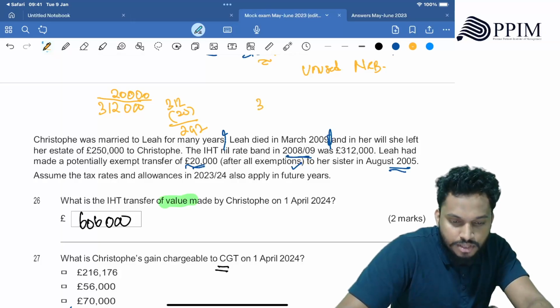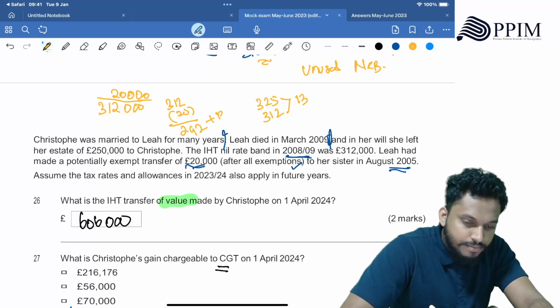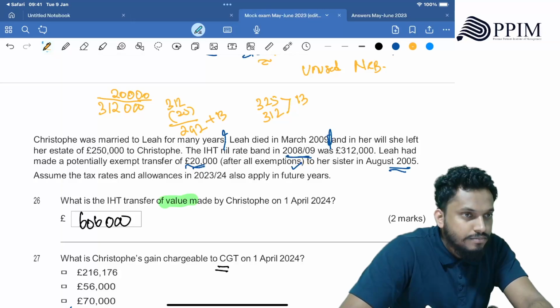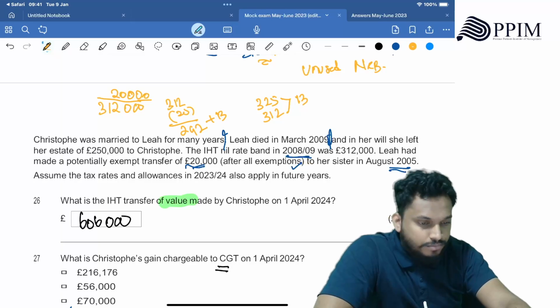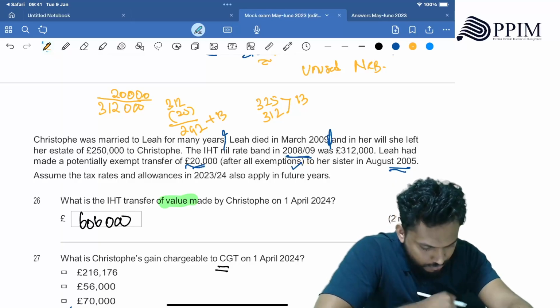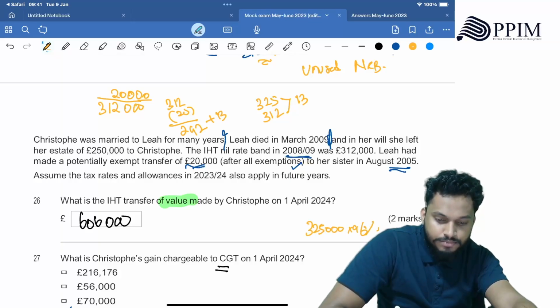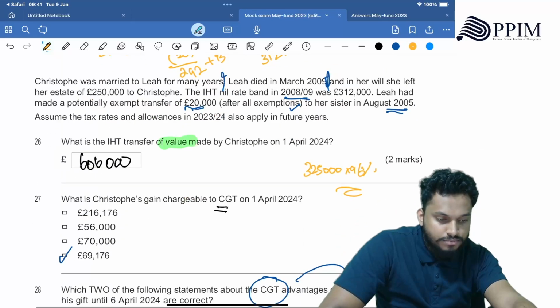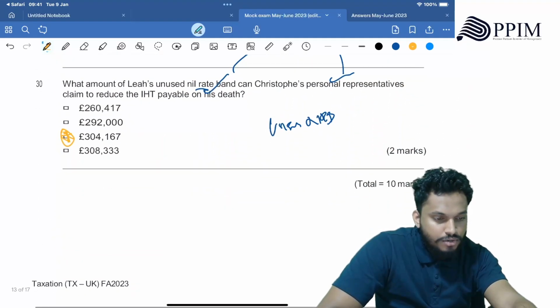Now 325: there is an increase from 312. The difference is 13,000. So you added that. So 96% unused, and I apply that to the current nil rate band. So 325 into 96. 312.